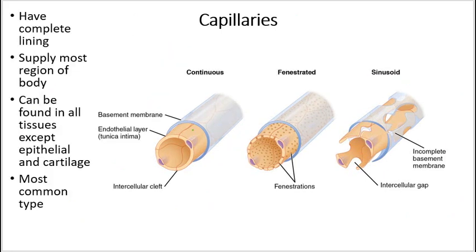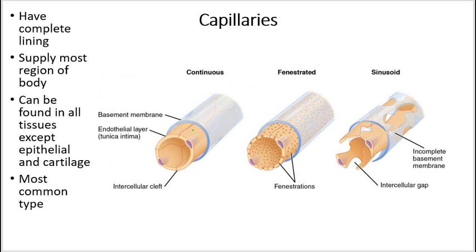Continuous capillaries are the most numerous, or the most common, type of capillaries. All throughout the body, this is the only type of capillary that you see. This type of capillary has a complete lining. They supply most regions of the body, and they are the most numerous type of capillaries, as I said earlier.